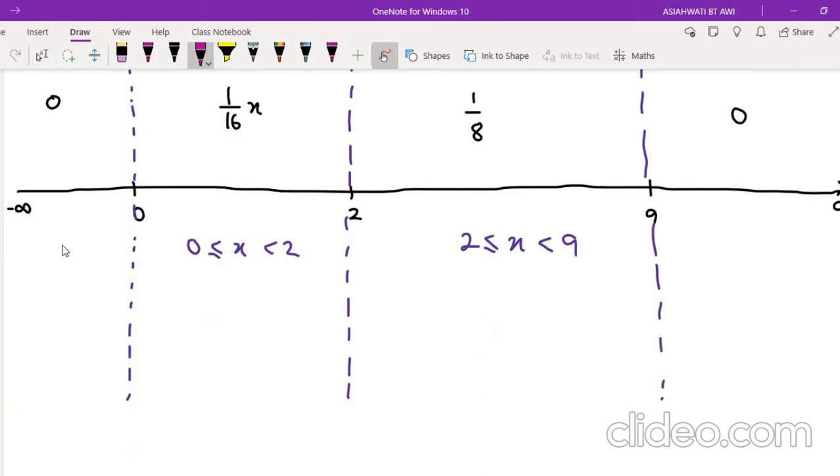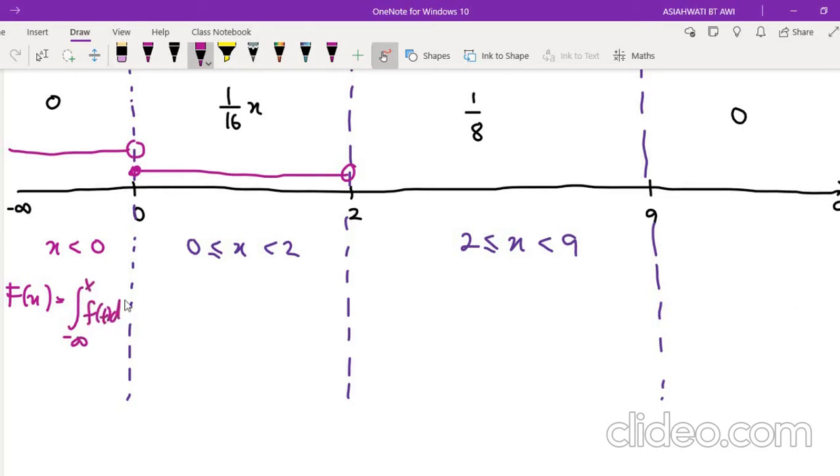To find the cumulative when x is less than 0, this is excluded, so from negative infinity up to 0, exclude. The formula is F of x equals the integral from negative infinity up to x of f of t dt. This is the formula for the cumulative.